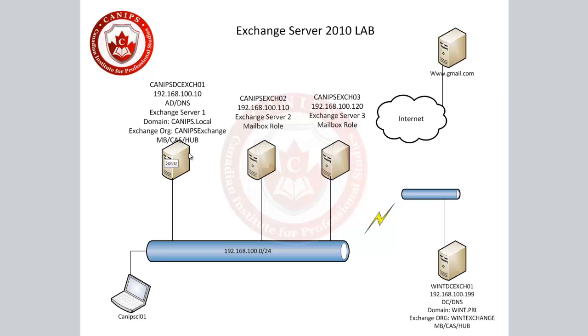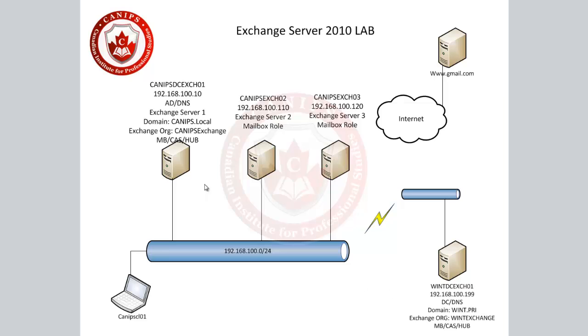Second solution is that we should create a secondary zone for canis.local in this, and a secondary zone for print.local in this. So this can be done as well. Secondary zone, we all know, is a read-only copy of the main zone. We can create a secondary zone for each other.